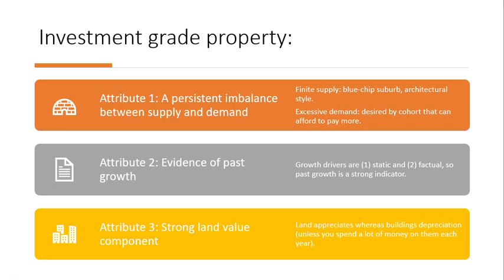The second attribute is past growth. The reason why past growth of a particular property asset is relevant is that growth drivers tend to be both static and factual. So static, I mean they don't change very much, and factual is they're a question of fact rather than a subjective assessment.